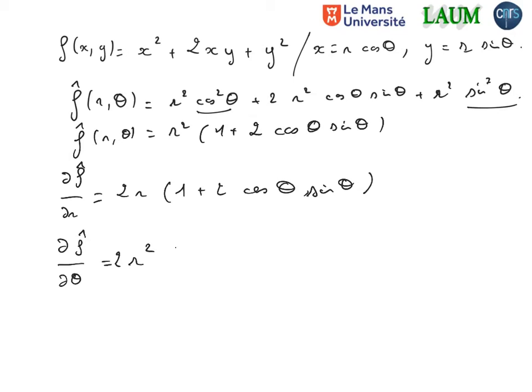So this is cosine multiplied by the derivative of sine, which is cosine itself, so this is a cosine squared, and the derivative of cosine, which is minus sine, multiplied by sine, so minus sine squared of theta. So we can see that here this is the partial derivative, and we can rewrite that this is 2r squared multiplied by cosine of 2 theta. So here I have computed my two partial derivatives with respect to r and theta of my function.